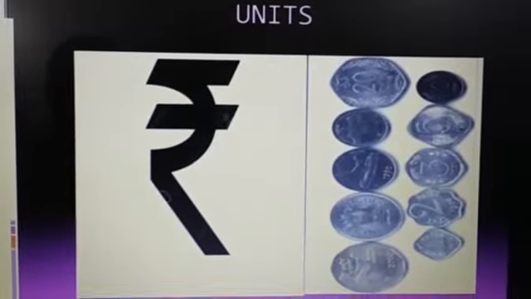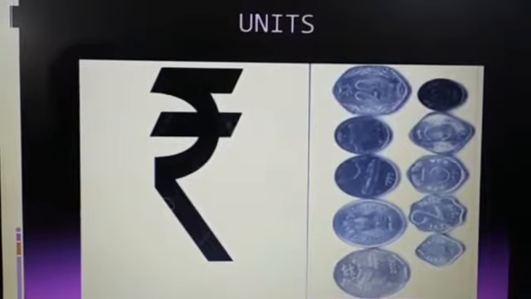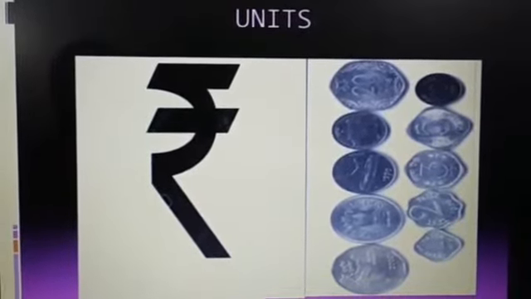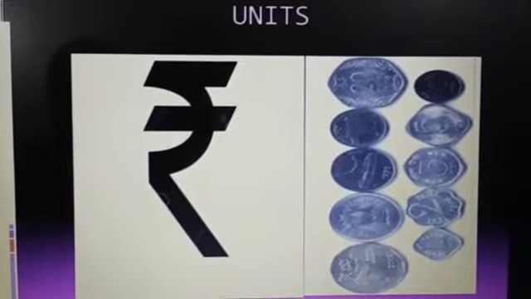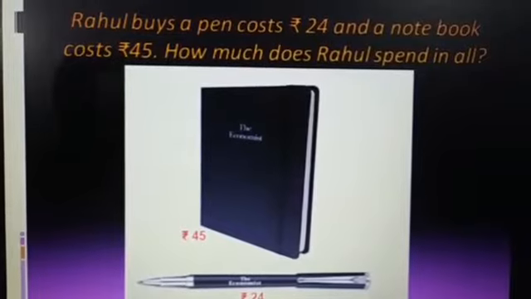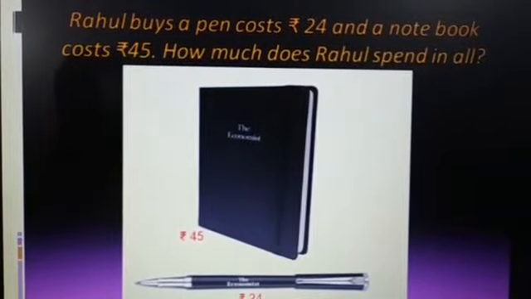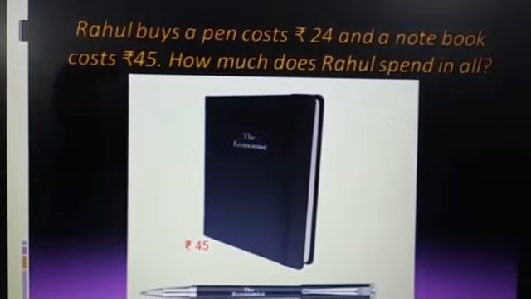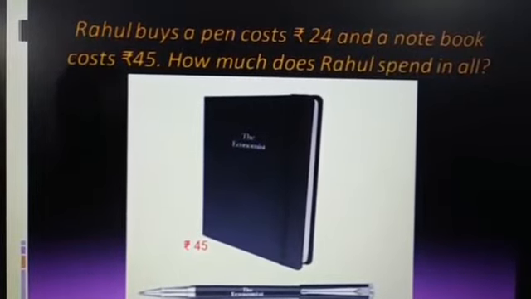Though paise is not available in the market now, but earlier days there was paise also. These are the coins. Now come to today's topic. Today we will solve few more story sums on this topic, money.